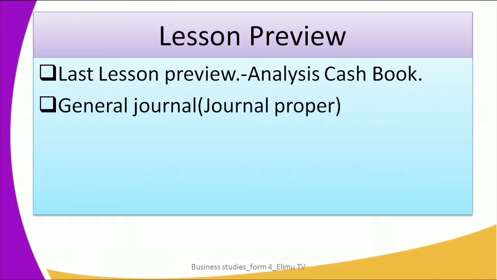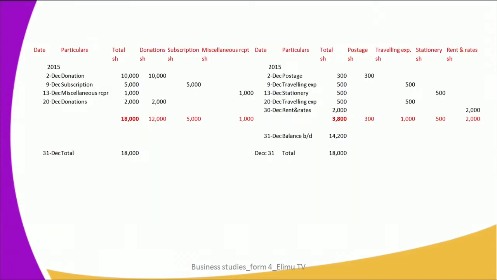During our last lesson, we studied the analysis cash book. I showed you how you are supposed to prepare the analysis cash book. Then after that, I left you with an assignment where you are supposed to prepare an analysis cash book. From the question that I had given you, this is how your analysis cash book was supposed to appear. As you can see, you have the date column, the particulars column, the total column.